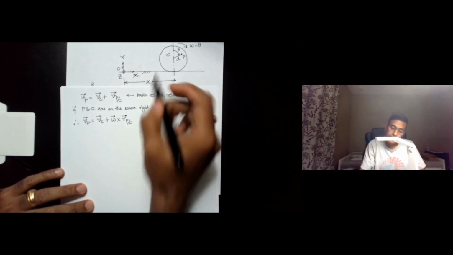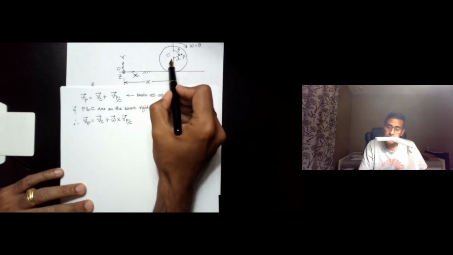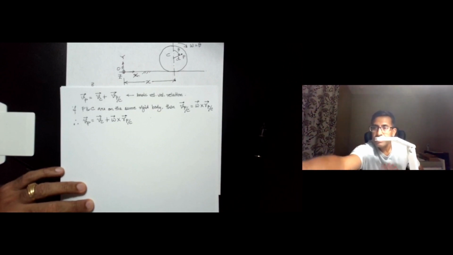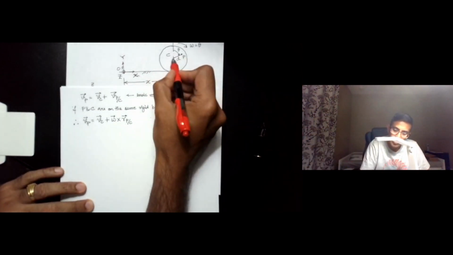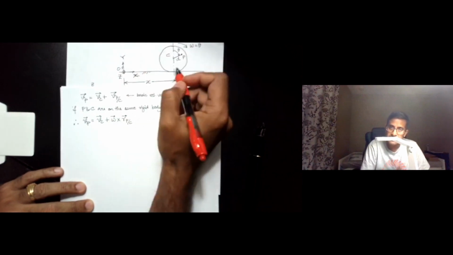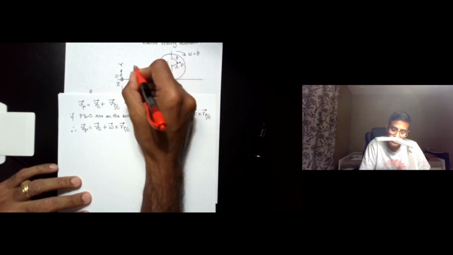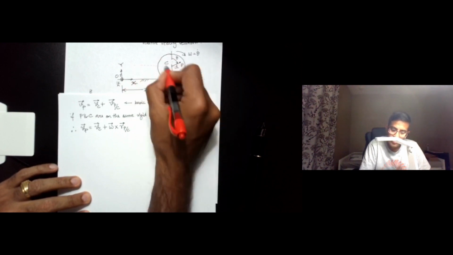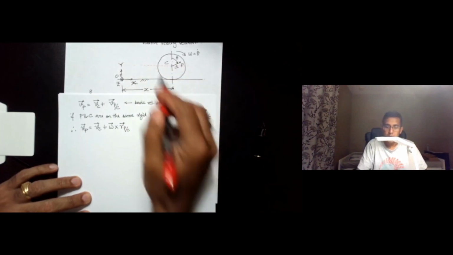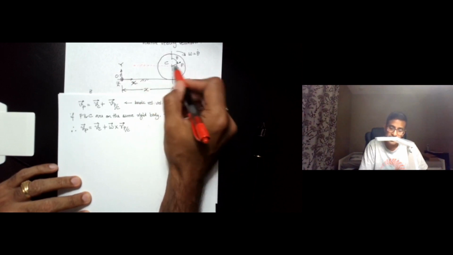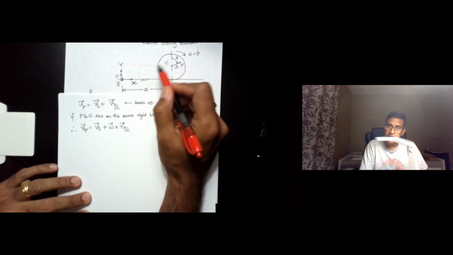Now let us consider the point C. Note that if you track this point C as the cylinder moves, what you will notice is that the point C follows a straight line path, because the point C is the center of this cylinder, and as the cylinder moves on this horizontal plane, the point C will just move along this straight line path.